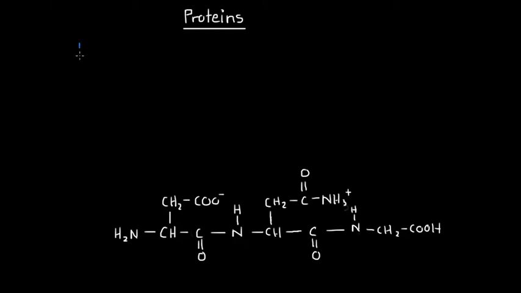The first level that we can look at of a protein molecule is its primary structure. The primary structure of a protein molecule is simply the order of the amino acids that it consists of.